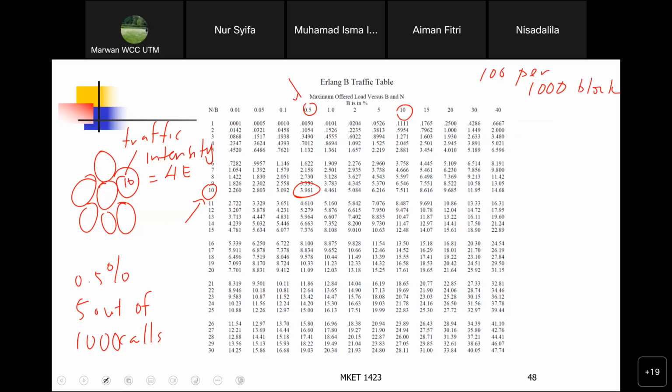And you can see you can support bigger intensity, 7.5. So the traffic intensity that your trunk can support is almost double, just by making this from 0.5 to 10%. So you are blocking more calls, and you increase the intensity of your cell.